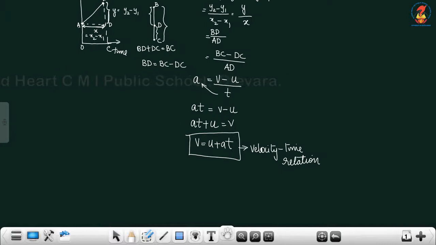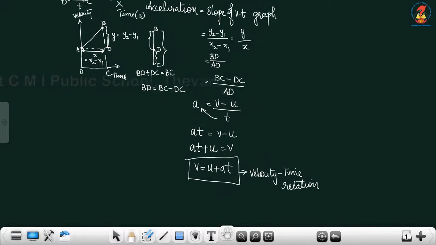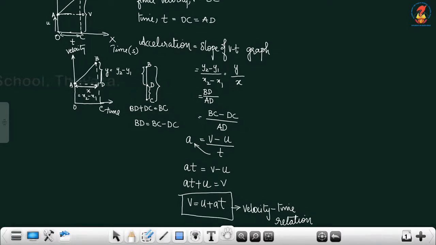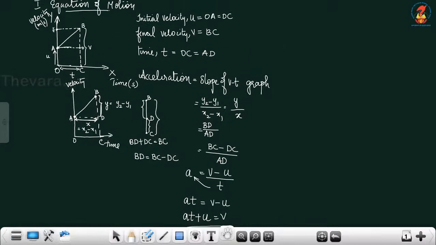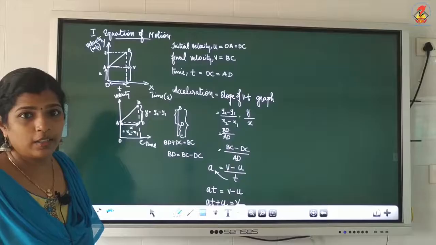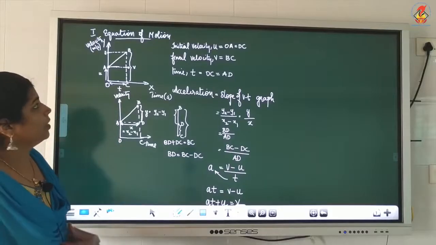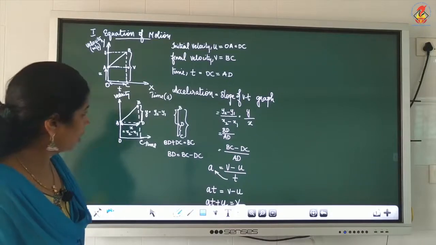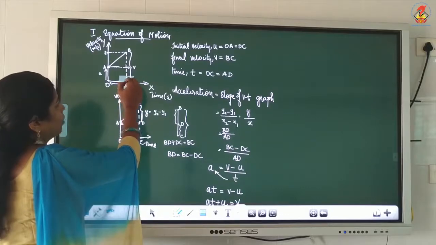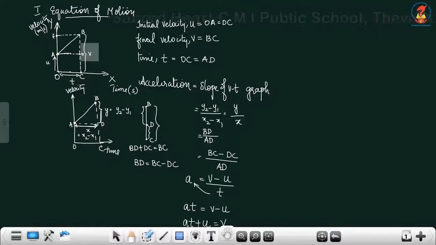First, you have to consider the velocity time graph of an object which is under uniform accelerated motion, but the object is not initially at rest. So, initial velocity is OA, that is equal to DC. Final velocity is V. Time is OC or AD.